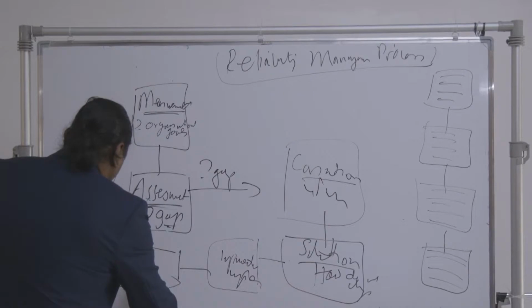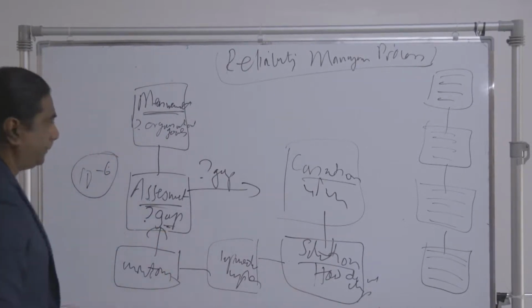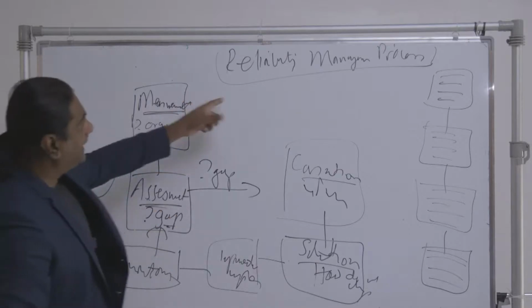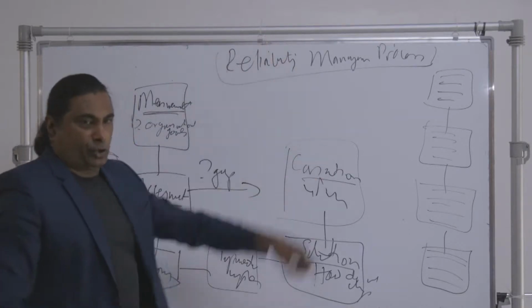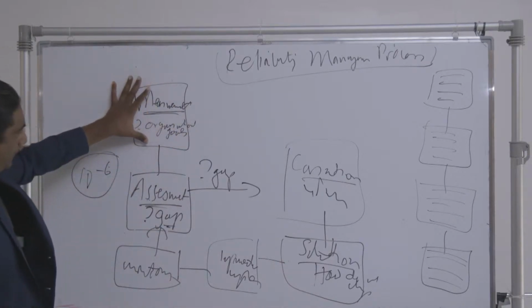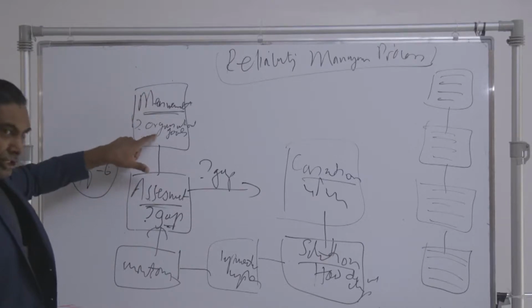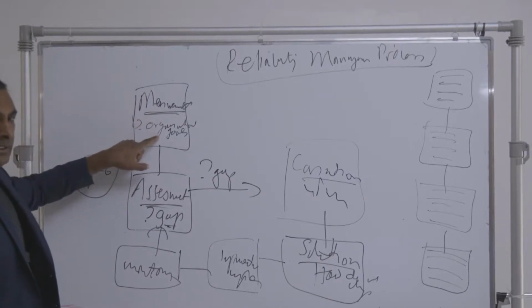It's monitoring. And then it's assessment again. So this is the reliability management process. We measure. What we measure depends on organizational goals, and I'm going to come back to measurement.